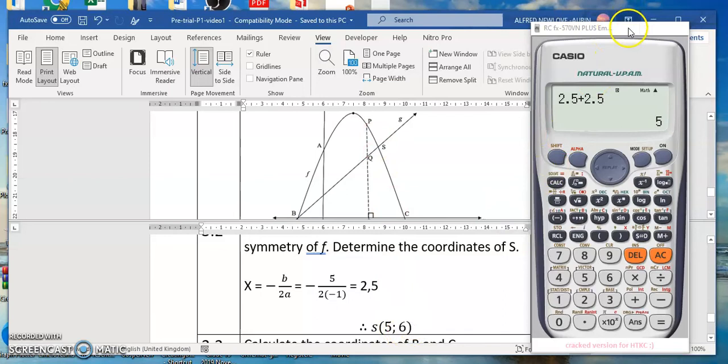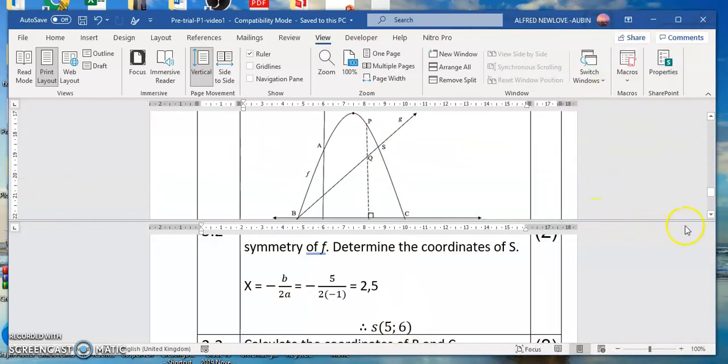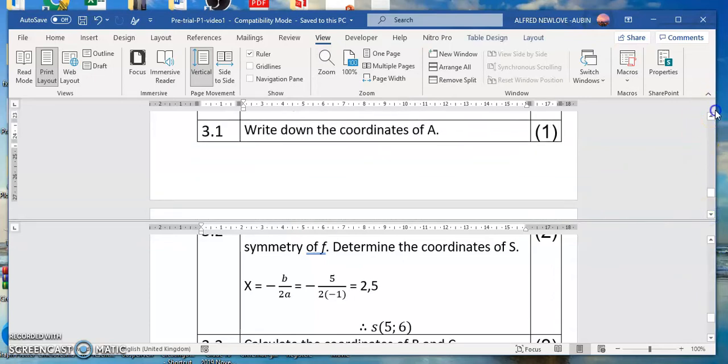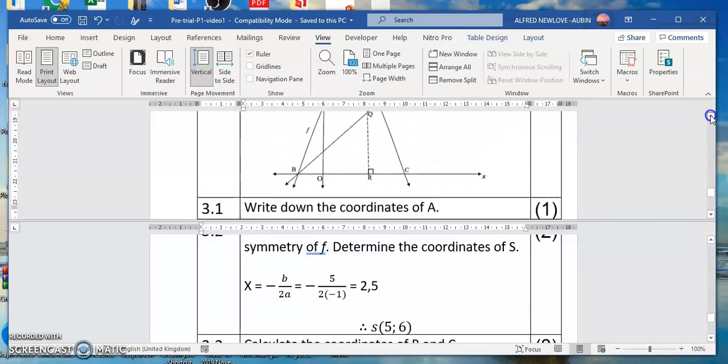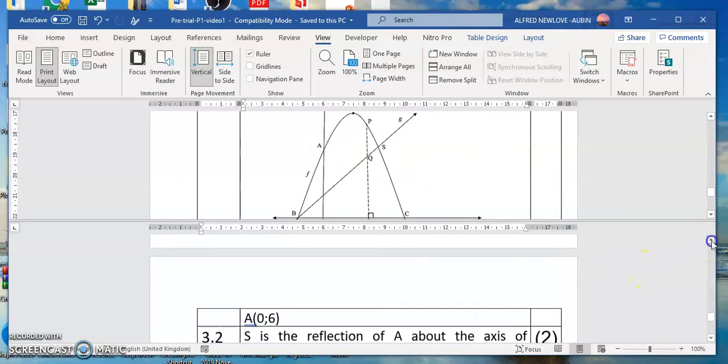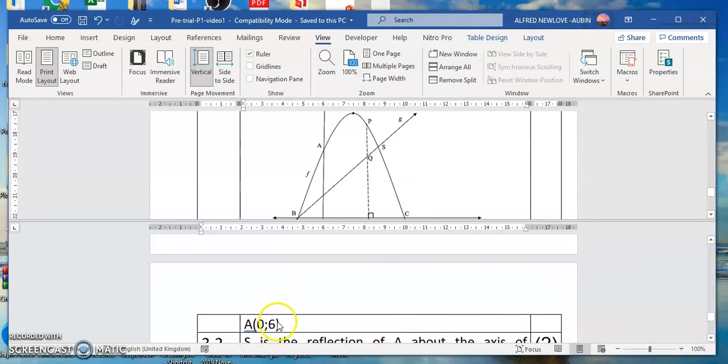How did we get a 6? The 6 is gotten from this. Remember, the y value here is the same as the y value for A. Remember, we got the y-intercept. The y value for A is what? 6.